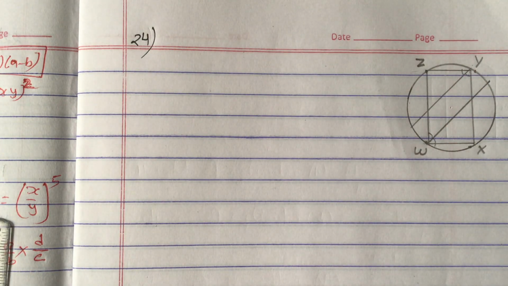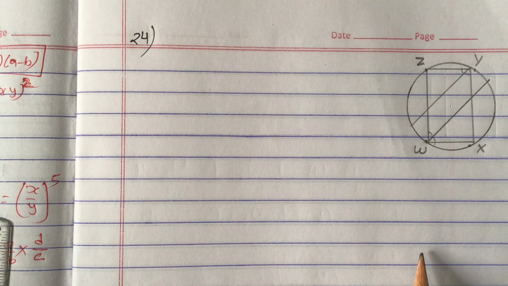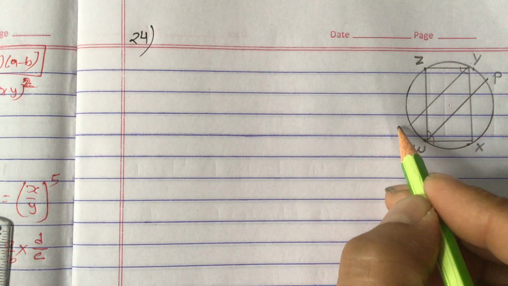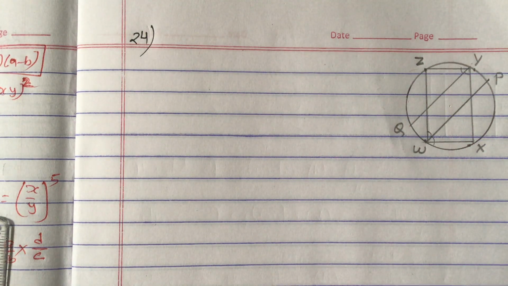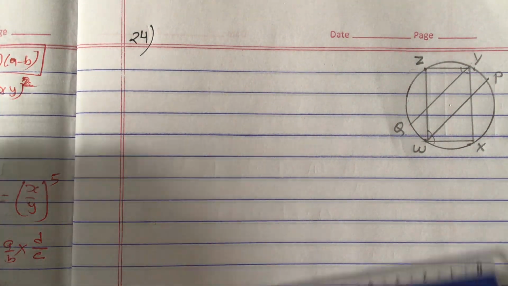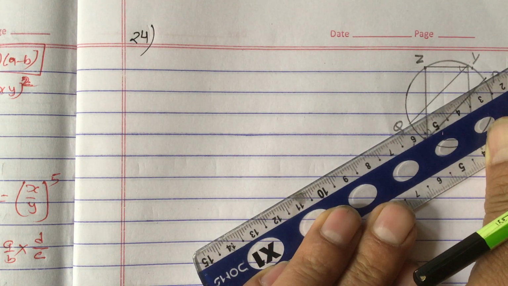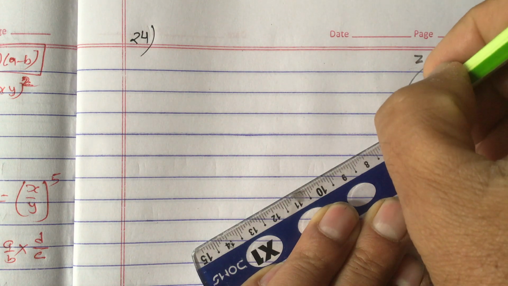Now the bisectors of XWZ and XYZ meet the circle at the points P and Q. This is point P and this is Q. Now we are asked to prove that PQ is diameter. Okay, let us join P and Q. This is the diameter we need to prove.